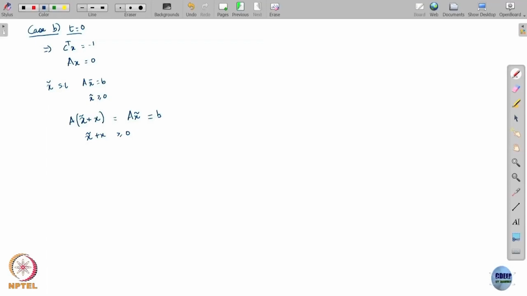So, what this means is your x here is a recession direction. x is also greater than or equal to 0 and it satisfies A x equal to 0, which means x is a recession direction, or a ray of the set. It is a direction along which you can keep traveling and not lose.